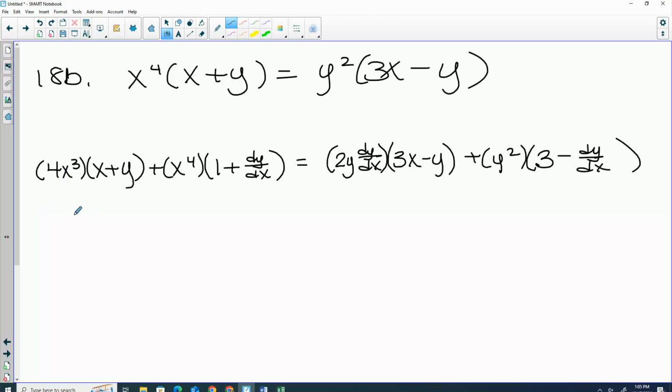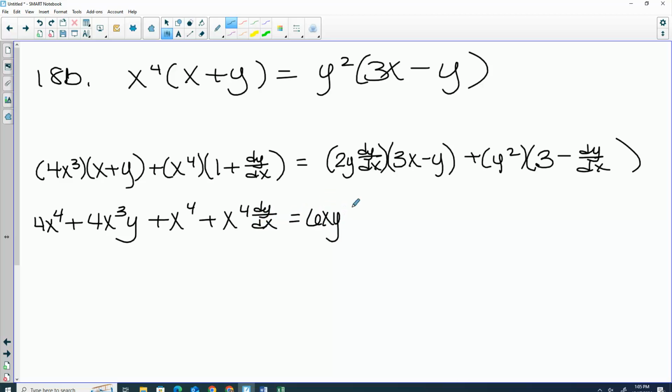So now multiply everything out. 4x to the 4th plus 4x cubed y plus x to the 4th dy dx plus x to the 4th dy dx. 6xy dy dx minus 2y squared dy dx plus 3y squared minus y squared dy dx.